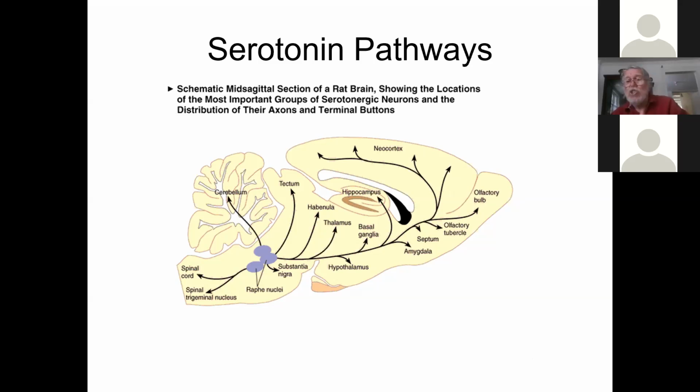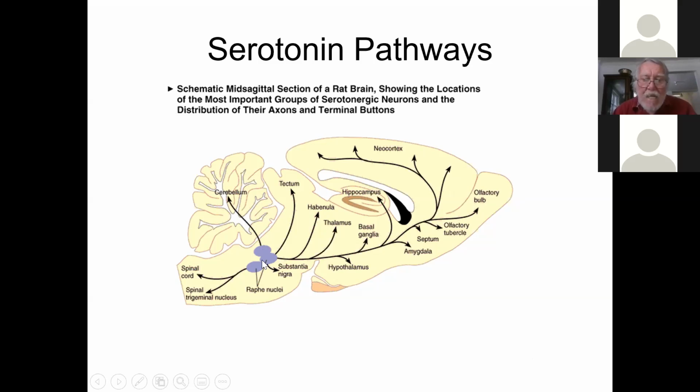Post-ingestive digestion, peristalsis, etc. Okay, so we see these pontine raphe nuclei, marked B4 to B6, doing these parasympathetic modulatory effects.